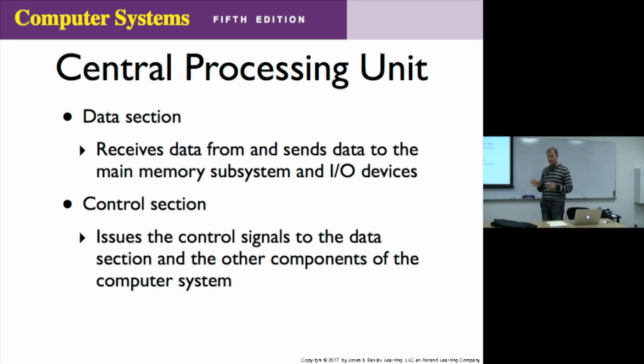Up until now, when we described the central processing unit, we always considered that it was just a single block, right? Do you remember some of the things that are in the CPU? Some registers. Yeah, you're right. But which registers? Instruction register, index register.